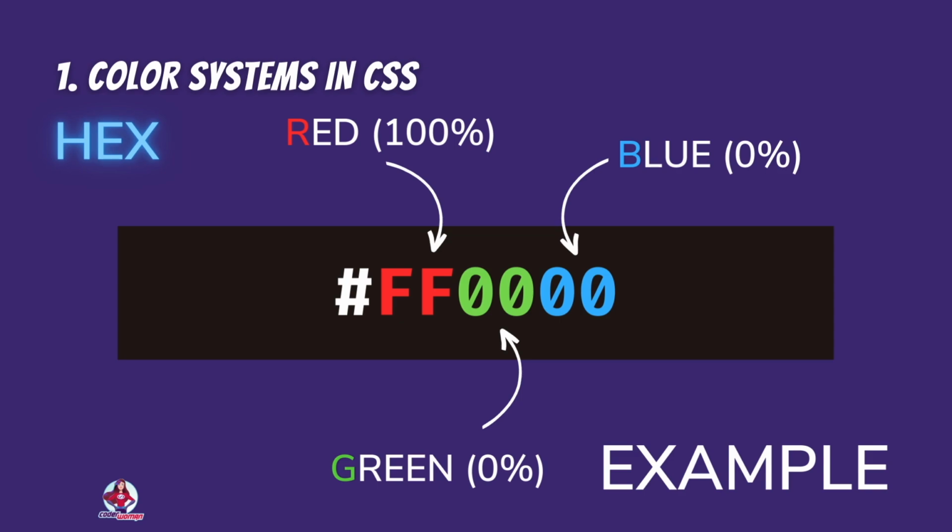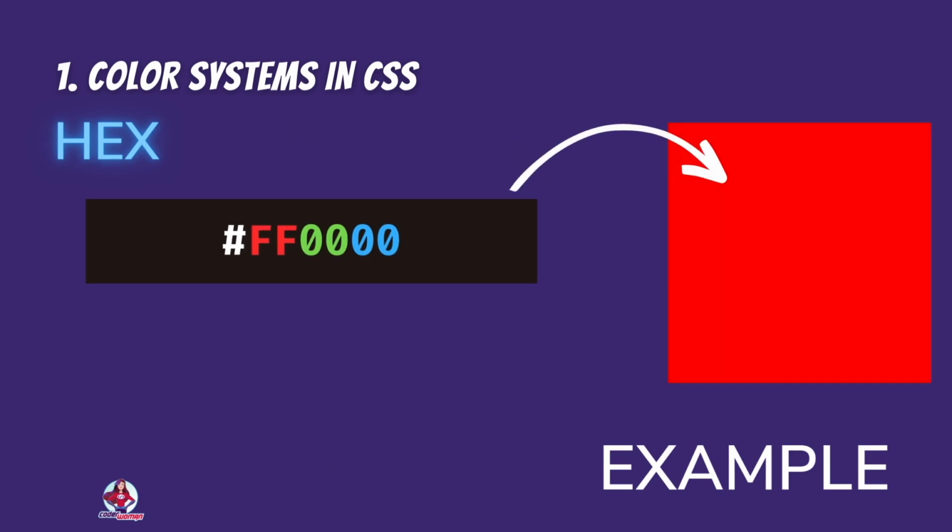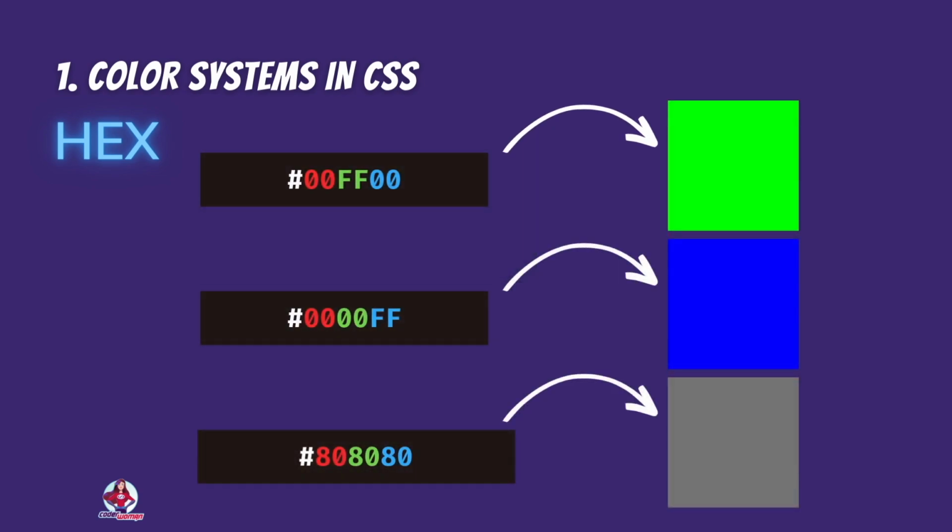The example you see now is for setting red color. This is another way to say 100% red, 0% green, and 0% blue. If you want to create different colors, just change the pairs of characters. In these examples, the FF value is moved to represent the maximum value for the separate color component.